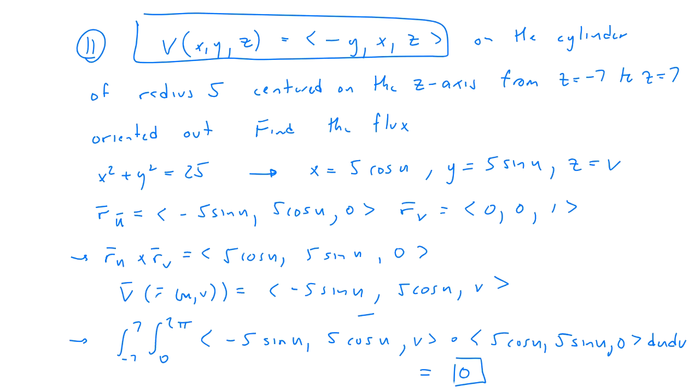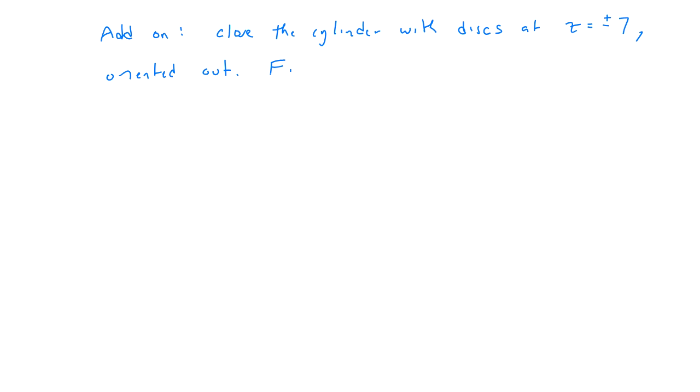So add on. So let's close it with disks at ±7 and ask what is the flow and orient it out still. And let's find the flux on that surface.